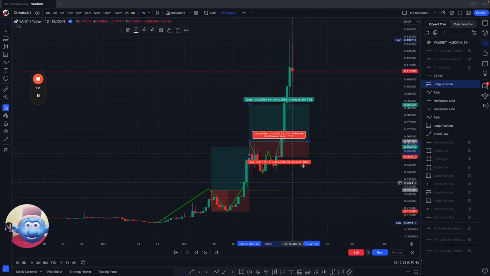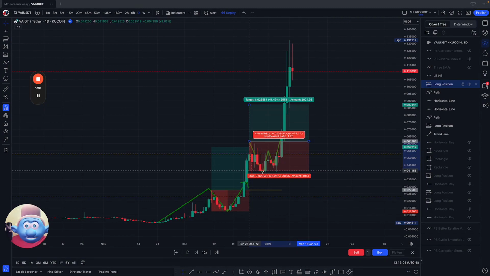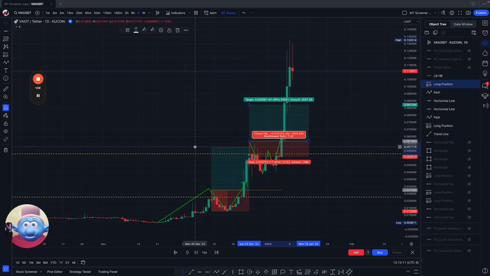So this could be another potential entry. And this would be nice for me because this is like 17% for the loss, where this one would be like 36, 40% for a full loss. And I don't want to take that. So me personally, I'm cool with this, 17% full loss.